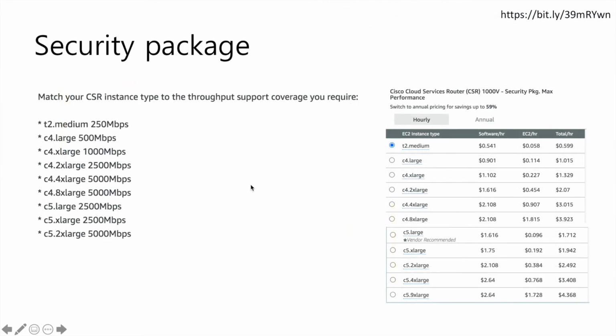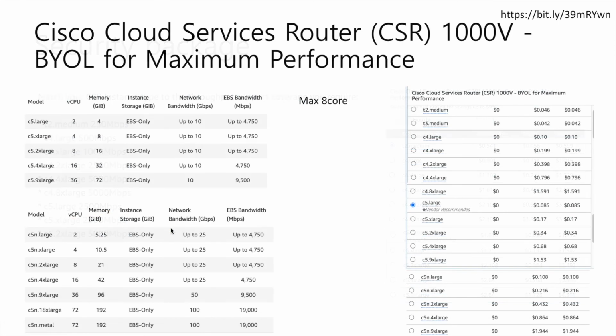This is about the security packages. If you choose this one, C5 large, the recommended one, you have to pay about $1.7, about $2 per hour, and C5 is about 2.5 Gbps, pretty high. And as I told you, CSR1000v can use only a maximum of 8 vCPUs.